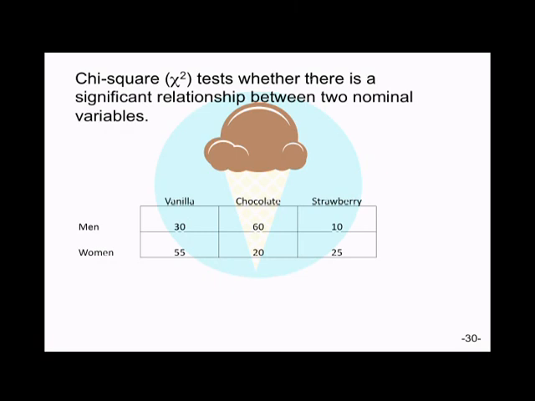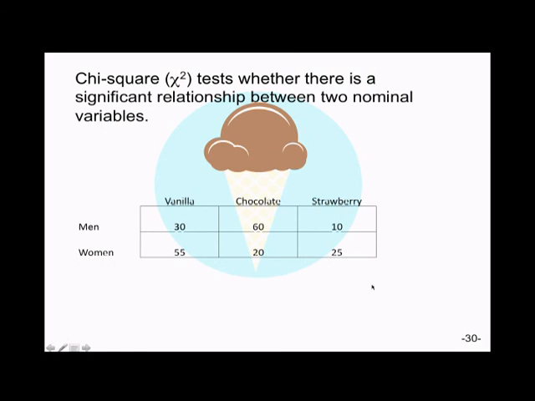Chi-square tests. Chi-square tests are used to see if there's a significant relationship between two nominal or categorical variables. So the example that I have here looks at gender, men and women, versus preferred type of ice cream, vanilla, chocolate, or strawberry.